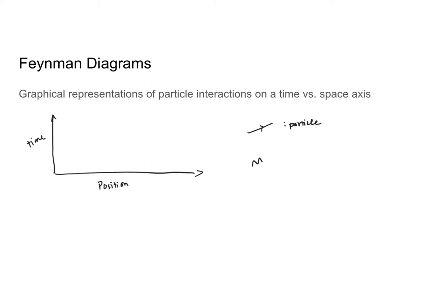A wavy line represents an exchange particle. So these are our gauge bosons, our gluon, our photon, and our W and Z bosons. And we represent those by a wavy line to show that they are exchange particles versus our more permanent particles that are always there.